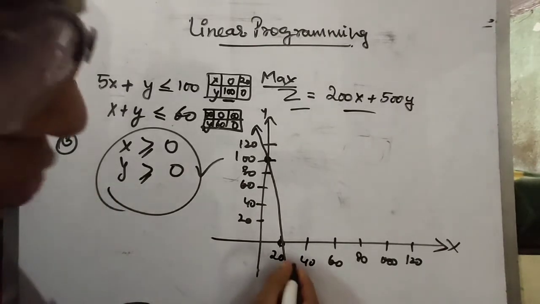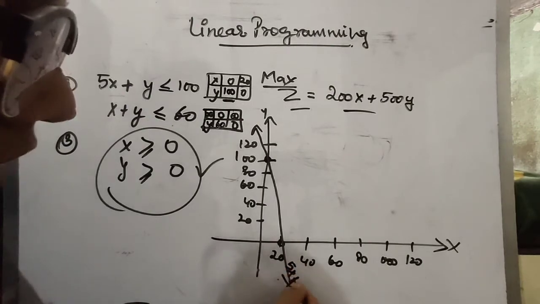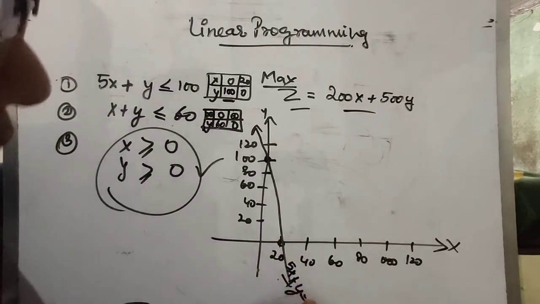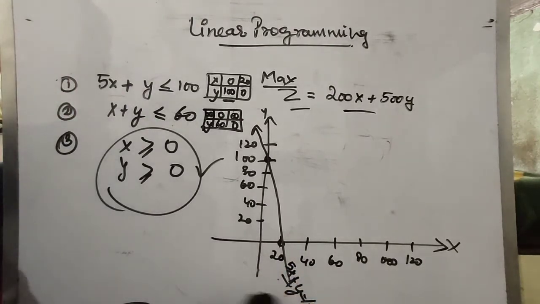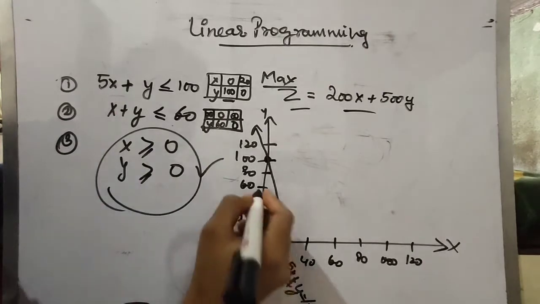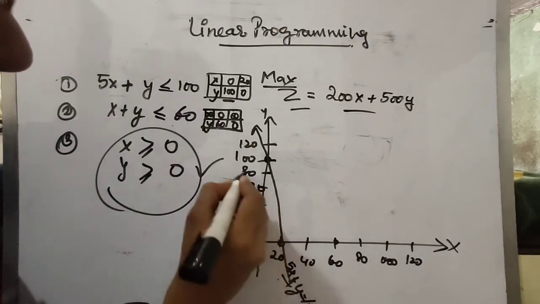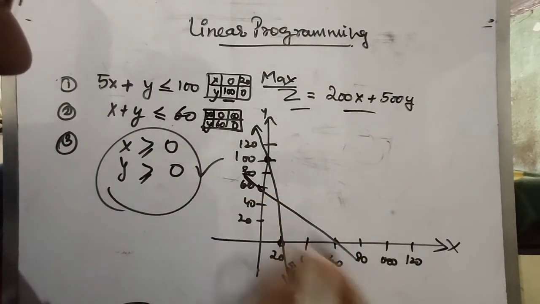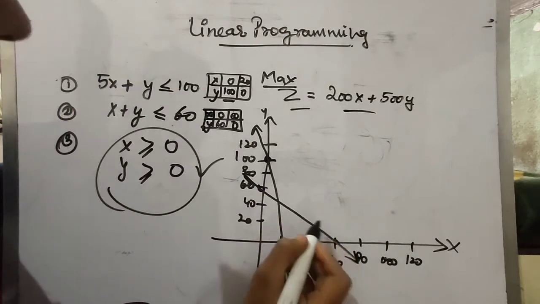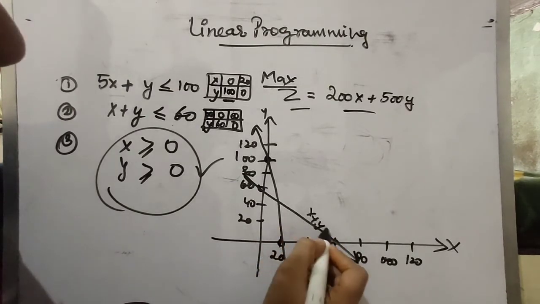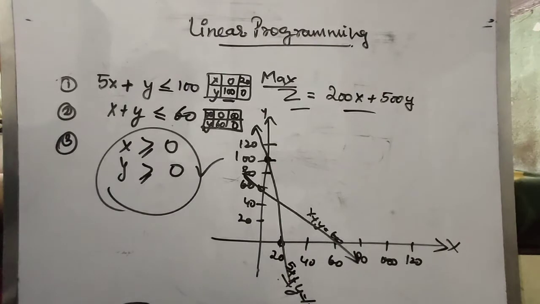So 5x plus y is equal to 100. You will mention the equal to sign here, not less than. Then coming to the next equation, 60 and 60. You will plot these points and name it x plus y equal to 60. So your next equation becomes this.